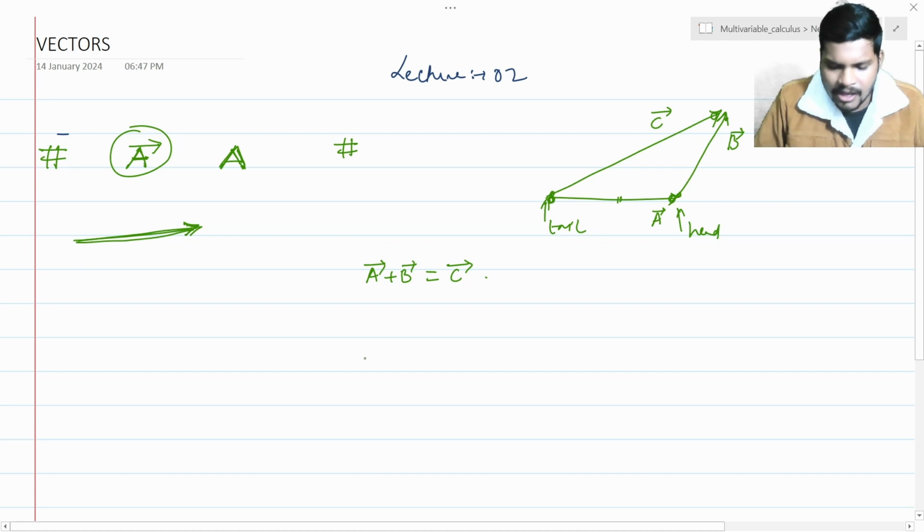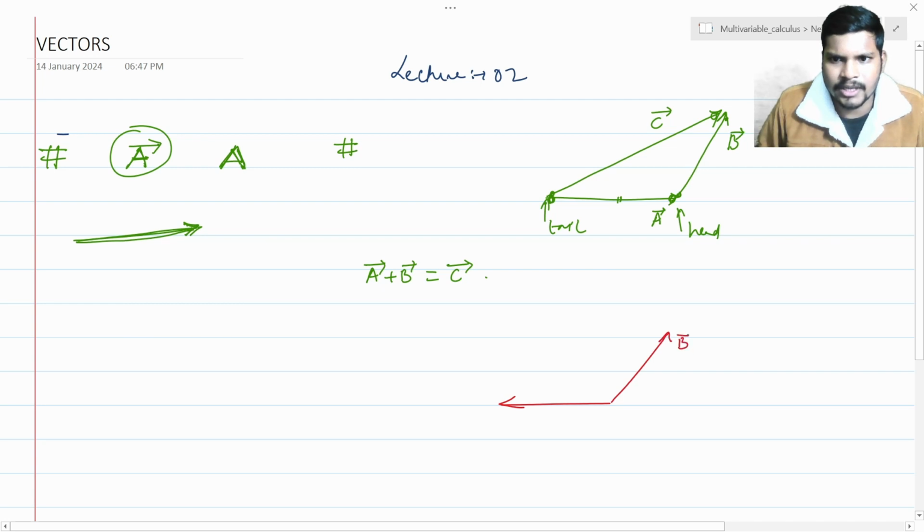All right. Now, similarly, I can show you a more interesting thing. Let us say one vector is on one side, another vector is on the other side. Let us say this is A vector, B vector. So what could be the C vector? If somebody has given you this, I can simplify it because we have a certain vector and certain direction, but I can always multiply with a negative number and change its direction.